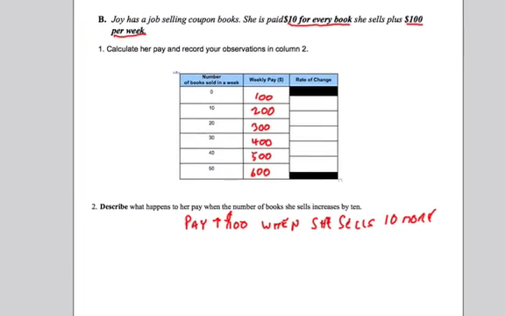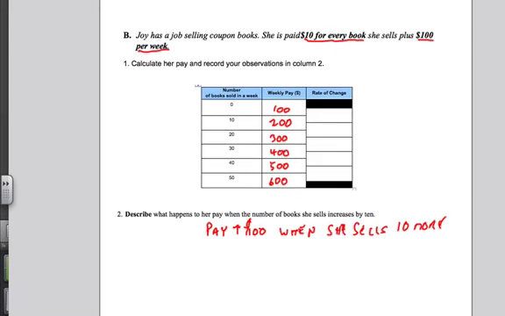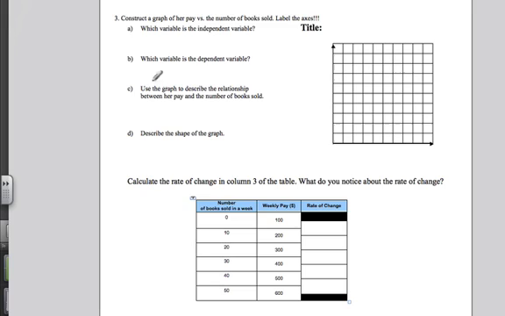Okay, so the next question, we have to construct a graph, and we're going to call this Joy's earnings. We'll put it as our title. And we have to decide which is the independent variable. Now, independent is going to go on our horizontal axis, and her pay depends on the number of books she sells.